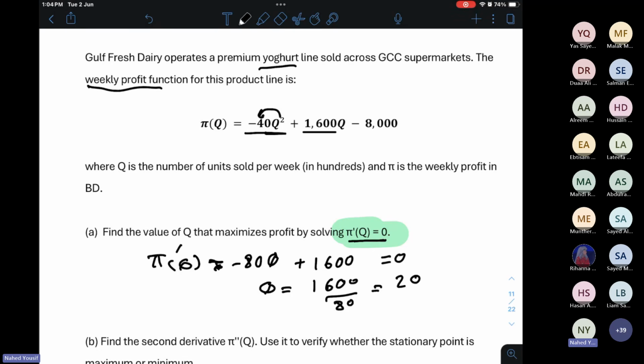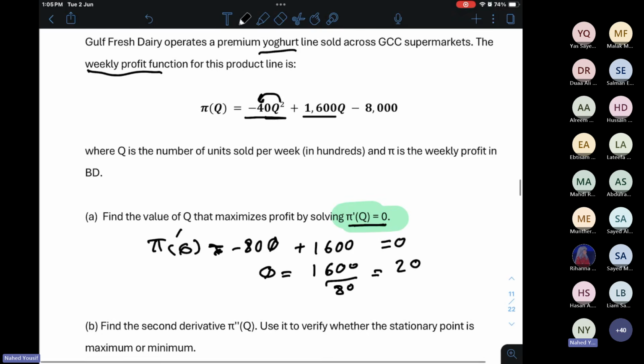20. Okay, this 20 is actually per week. This is in hundreds, because it's in 100. So this is actually in 100, which means actually it is 2000 per week. Is that clear? Okay.